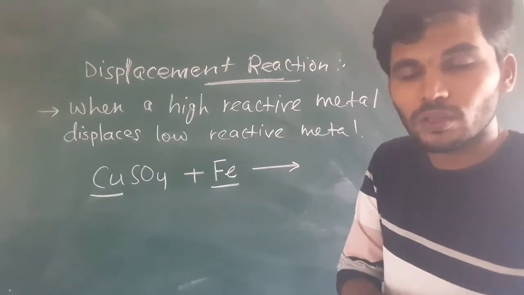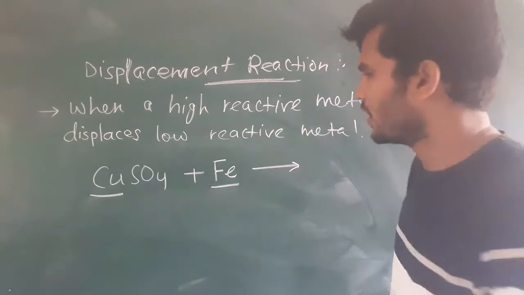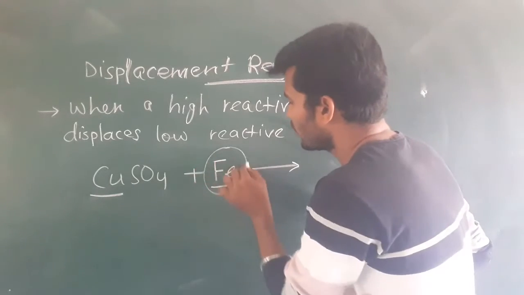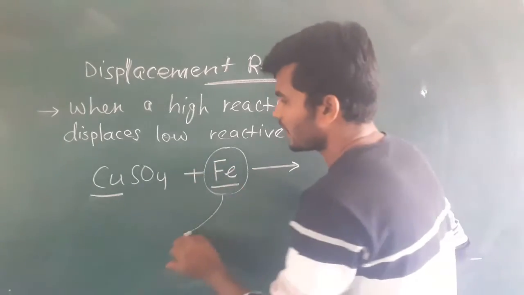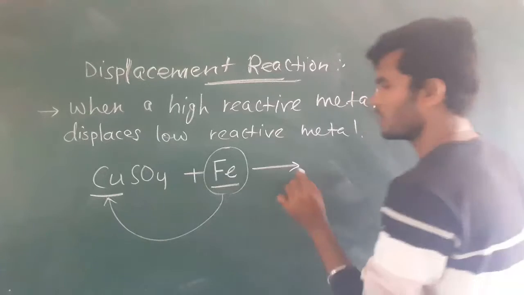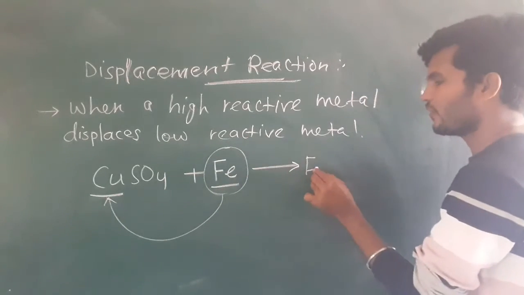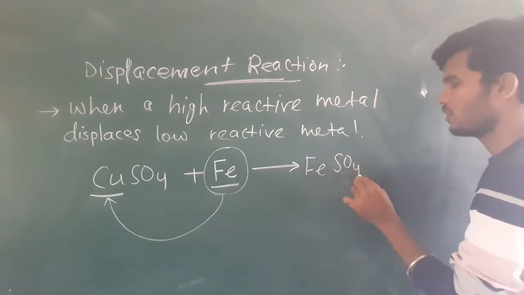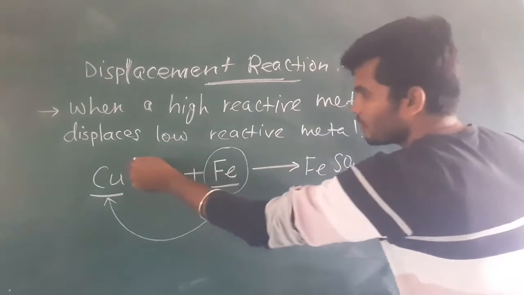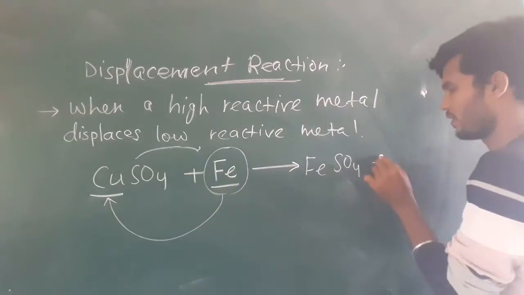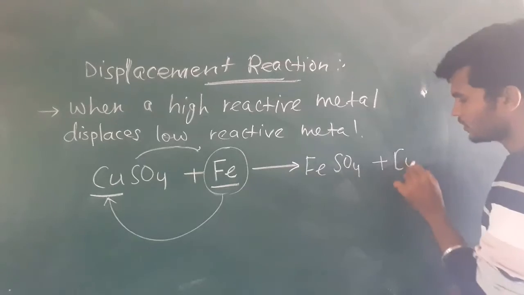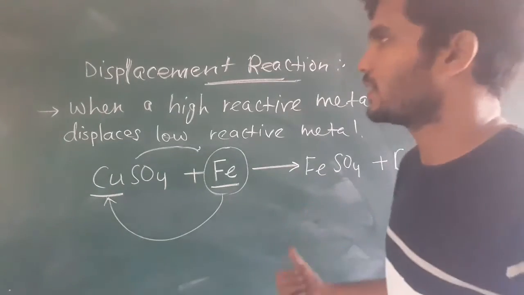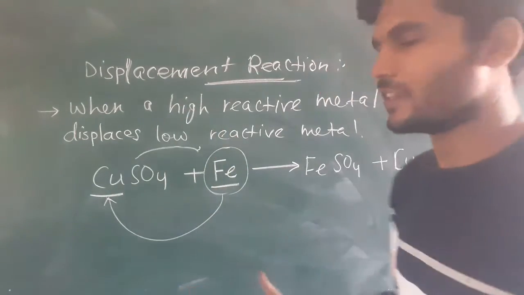If you go through that reactivity series, you will get that Fe is more reactive. So it will take the place of copper. So the reaction becomes FeSO4, and now copper came at the place of Fe, Cu. So the reaction becomes this. So this is called the displacement reaction.